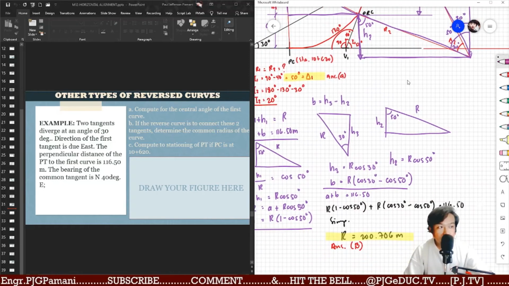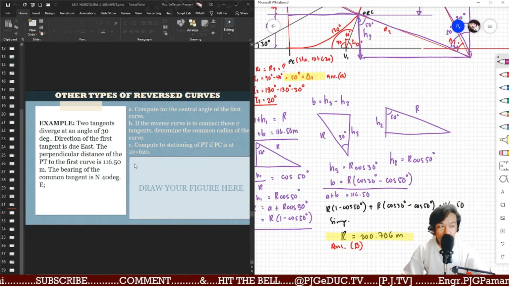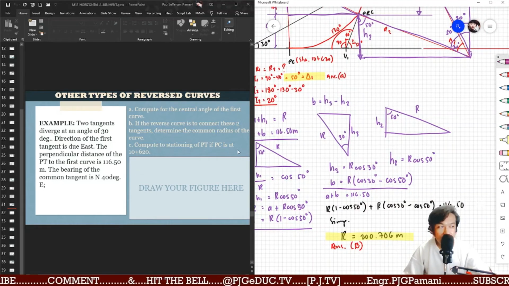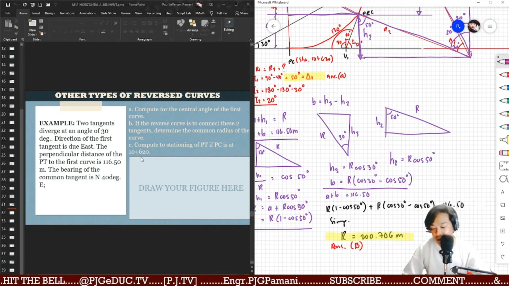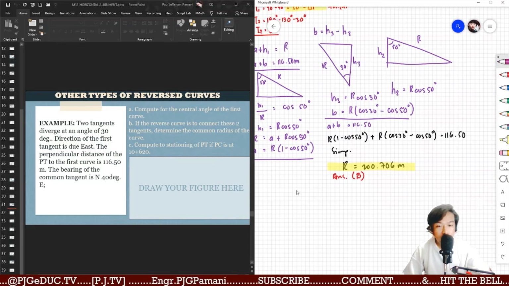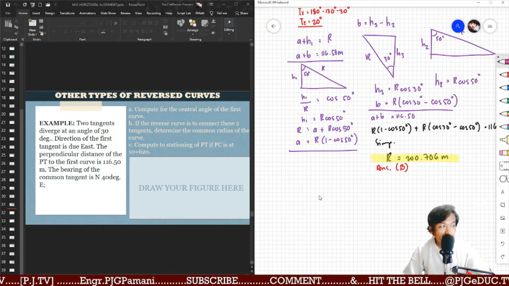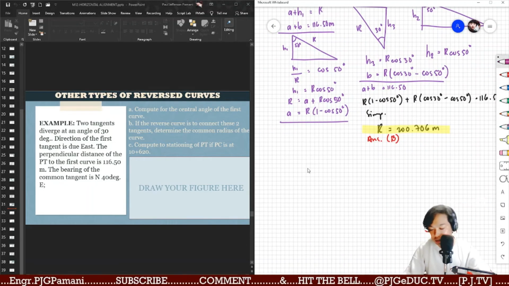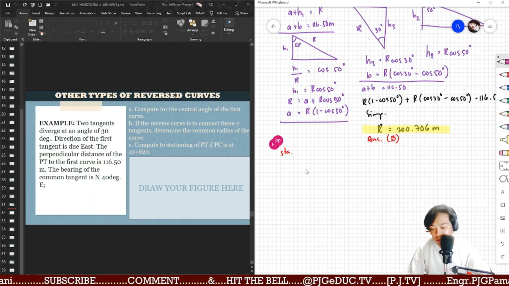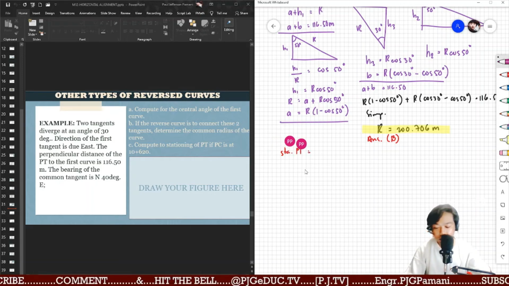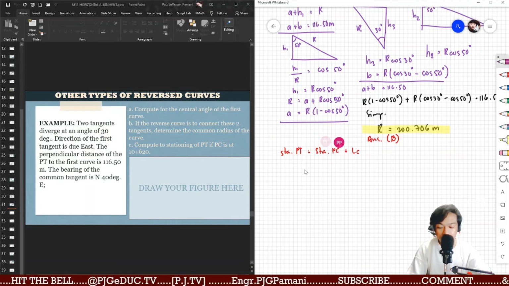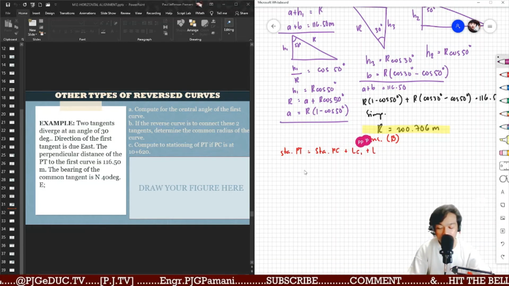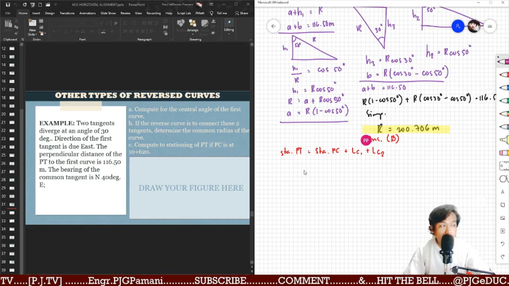Okay, the next one will be the computation of the station of PT if PC is 10+620. So, ano natin gagawin yan? We're going to do that. Station PT, basically station PC plus the length of the arc of the first curve plus the length of the arc of the second curve.